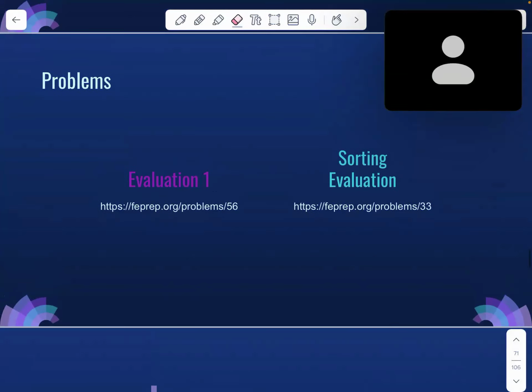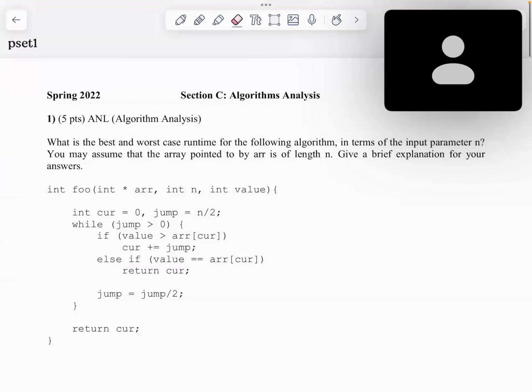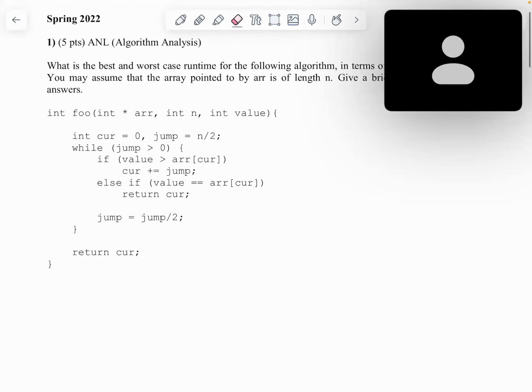All right, and then I'm just going to do some problems to demonstrate that. So to start, we're just going to trace this one and then see what the big O notation is here.